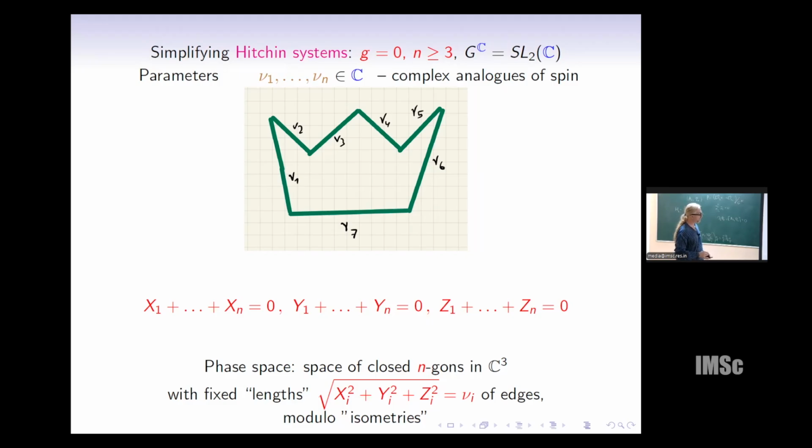So the phase space is the space of closed n-gons in C^3 as opposed to R^3 with fixed lengths of edges modulo isometry. So you take this gadget and you rotate it arbitrarily. That doesn't change the point of the phase space. Global rotation.